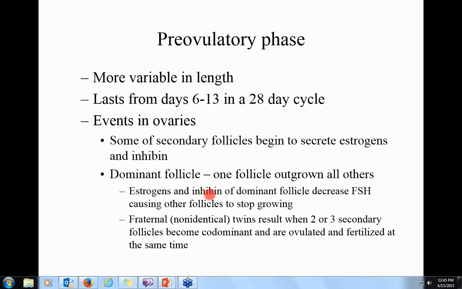Estrogen and inhibin will cause the other follicles to stop growing. And if two follicles are released at the same time, if you have two dominant follicles, such as one in the right ovary and one in the left, it could potentially result in non-identical twins or fraternal twins.